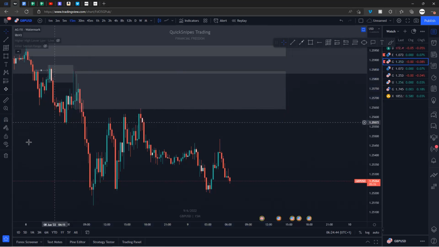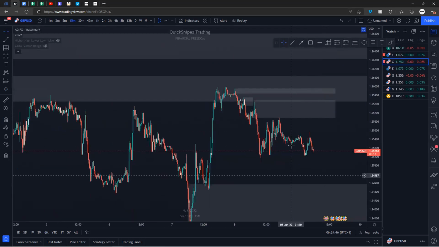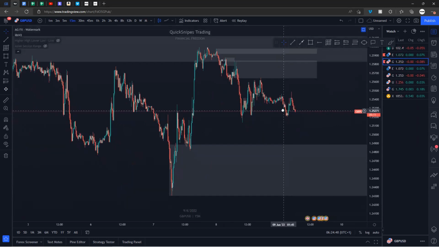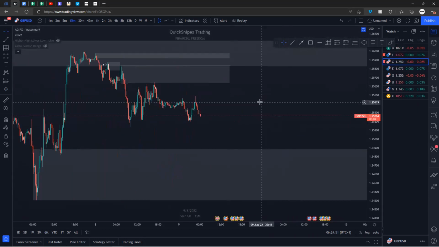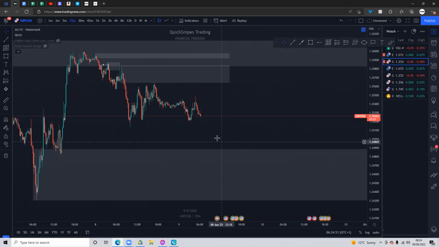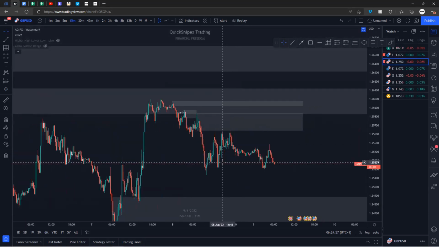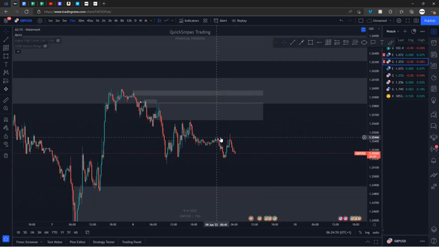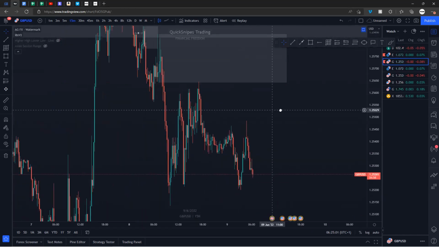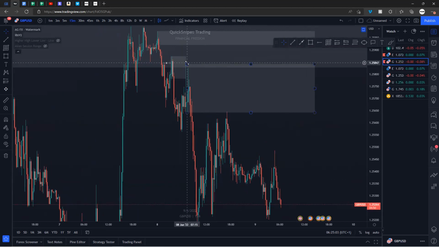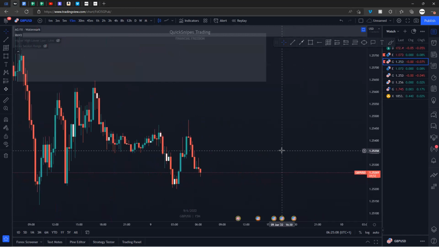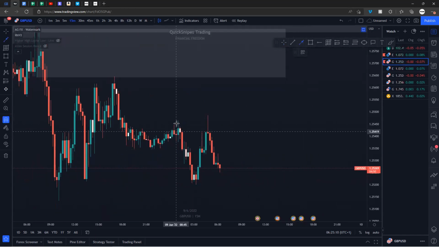So I'd be watching out for this GU zone, looking for confirmations. Volume is going to kick in about half an hour. And then we'll find out a lot more about what the market is trying to do today. You could also argue that although there's been a liquidity sweep there, a tap into the order block and a move, you can also say that there's been a liquidity sweep right here.